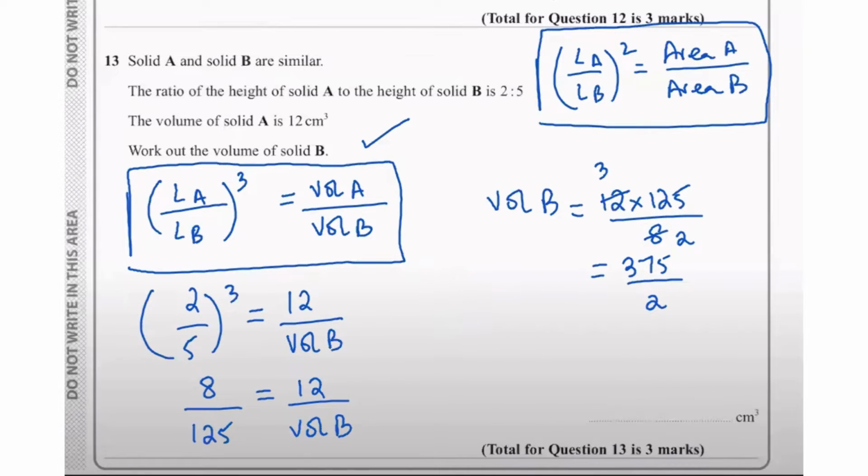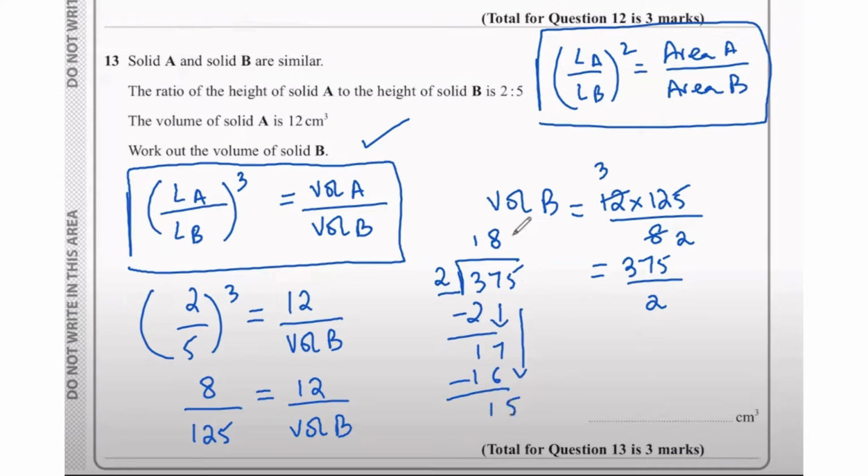Now if we divide 375 by 2, 2 1s are 2, remainder 1, bring 7 down. So 17 divided by 2 is 8, 16, 1, 15, 2 7s are 14, minus 1.0, and that's going to be 5. So 187.5 centimeter cube is your volume of shape B.